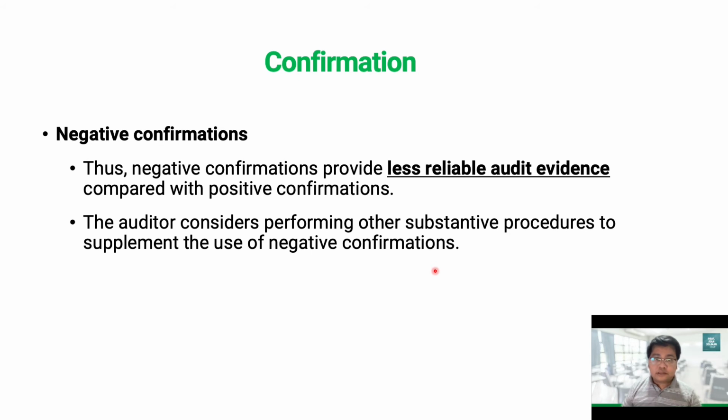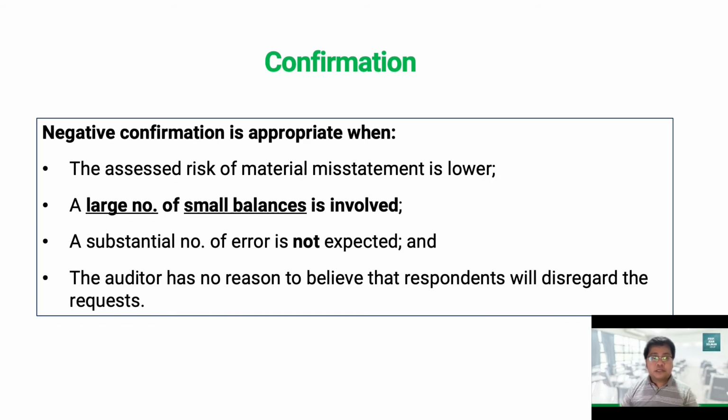And take note also that the circumstances where we use negative confirmation are limited. We can only use negative confirmation in the following situations. Number one, when the assessed risk of material misstatement is lower. If the risk of material misstatement is high, we cannot use negative confirmation because, as mentioned earlier, it is less reliable compared to positive confirmation.